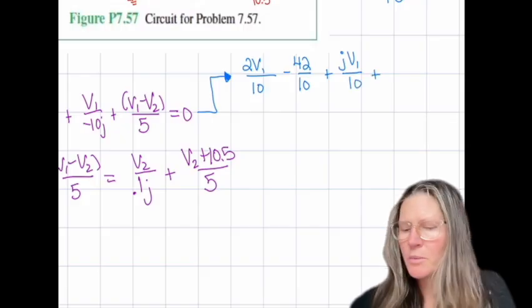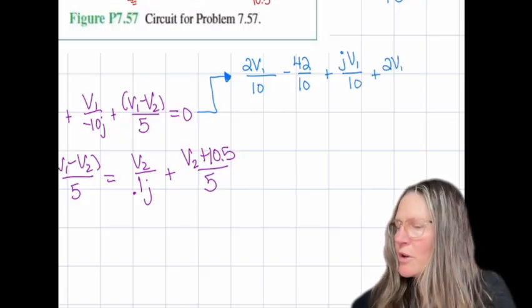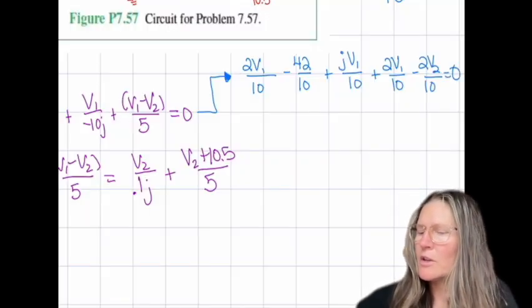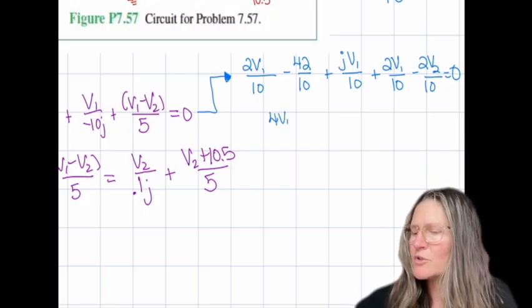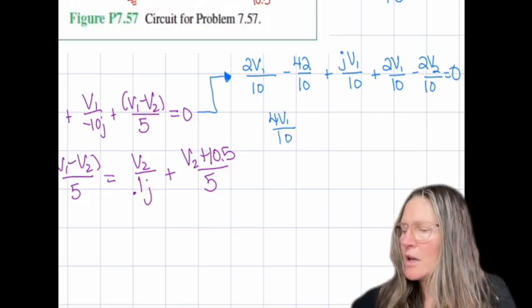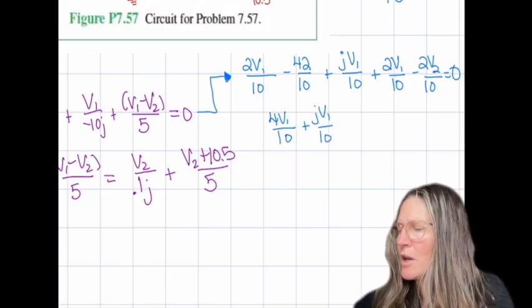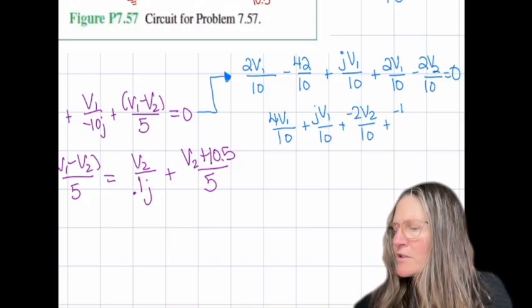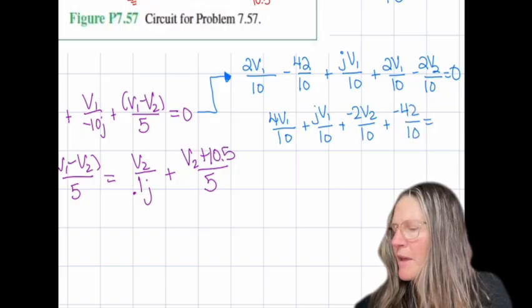And then a plus 2V1 over 10 and a minus 2V2 over 10 equals 0. So then we're going to just combine all of the like terms. So we have 4V1 over 10, and then a plus jV1 over 10, and a minus 2V2 over 10, and then a minus 42 over 10.